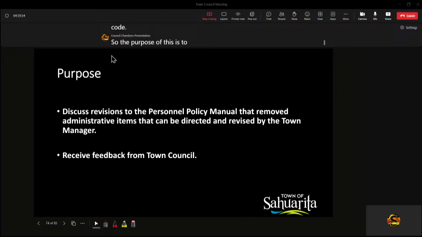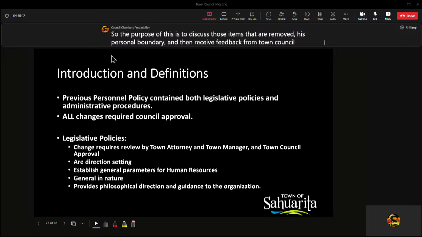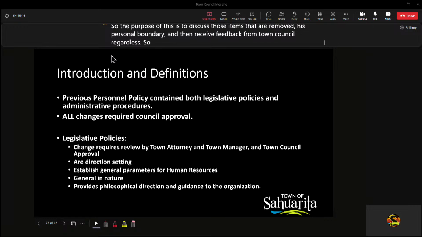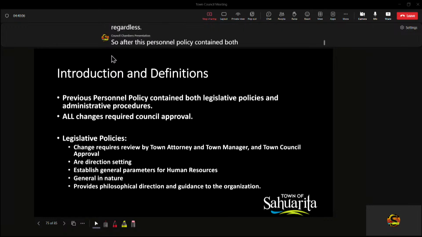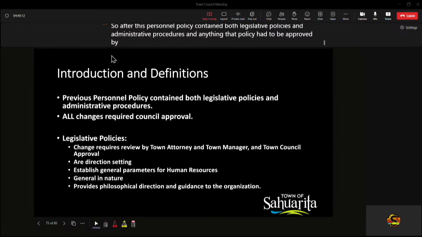So the purpose of this is to discuss those items that are removed from the personnel policy, and then receive feedback from town council regarding those. Our previous personnel policy contained both legislative policies and administrative procedures. And any change to that policy had to be approved by town council.